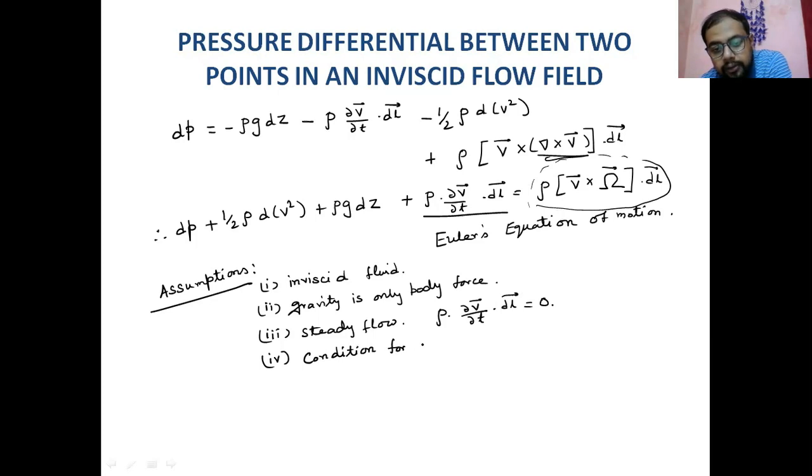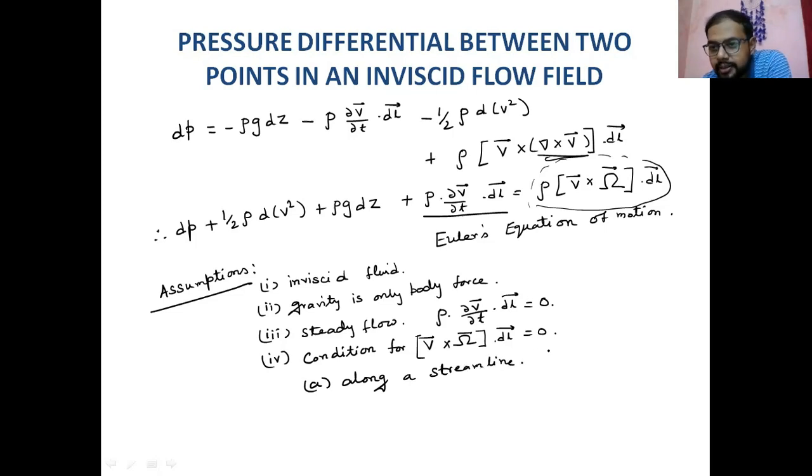The condition for v cross omega dot dl equal to 0. What is the condition for it? First condition is along a streamline.